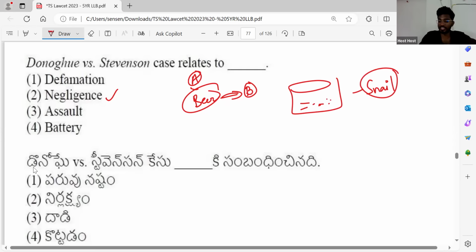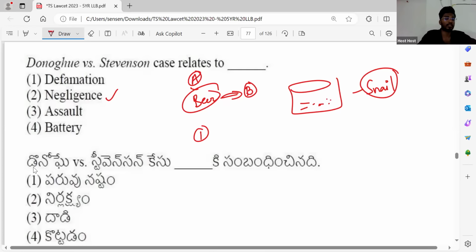Now the question is: is she eligible to file a case before the court? Because who purchased the bottle? A. A is the owner. Now B is using it. So can B file the case? That was the question in the case. In Donoghue versus Stevenson, the English court gave a couple of observations.